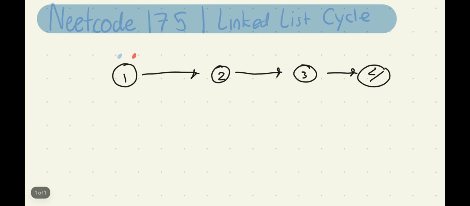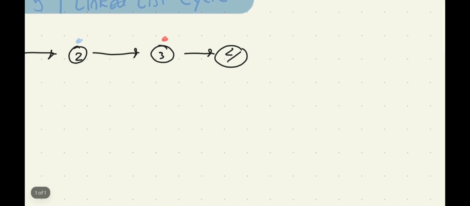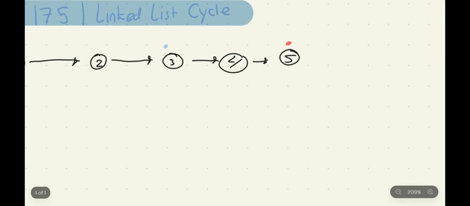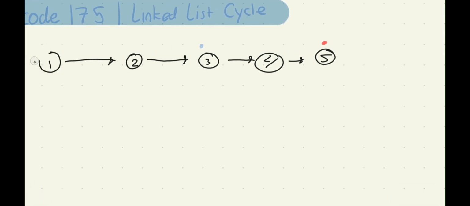After one iteration, our rabbit would move 2 steps ahead, so he would be here, and our tortoise would move 1 step ahead, so he would be here. On the next iteration, let's just extend this really quickly. Our tortoise would move 1 step ahead again, and our rabbit would move 2 steps ahead. So notice that the rabbit is always 2 nodes ahead of the tortoise. So that's how it works. Now let's see how that's important to this problem.